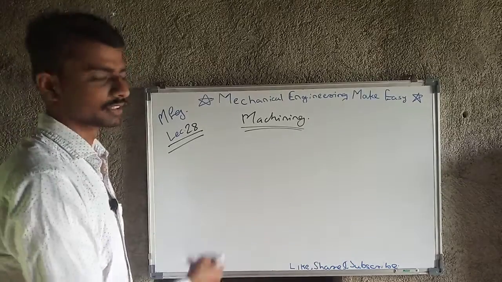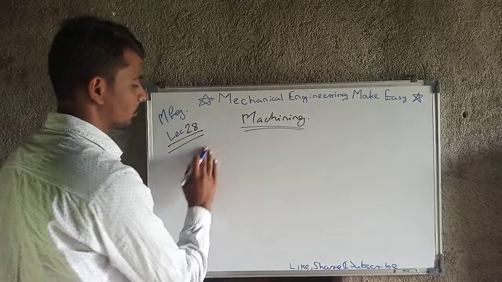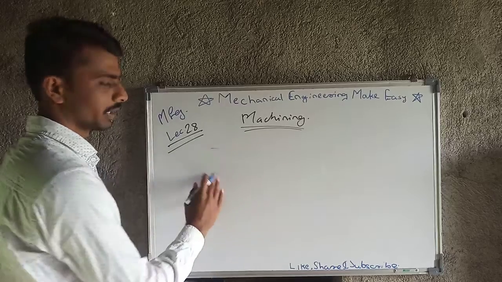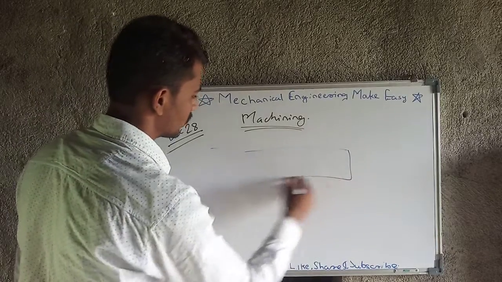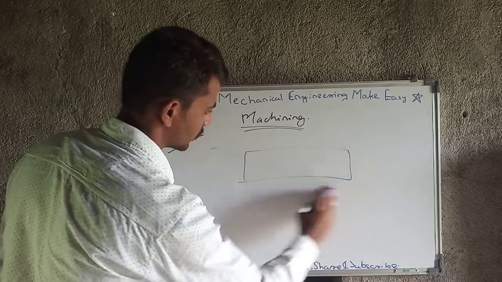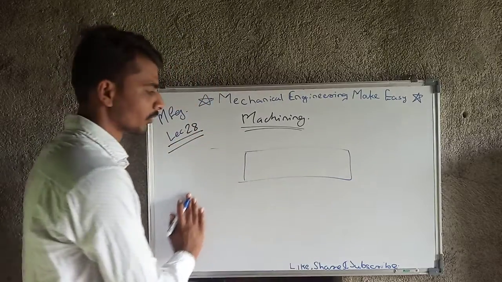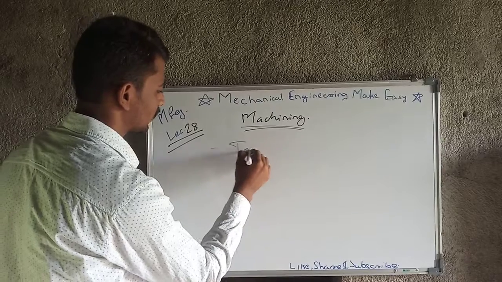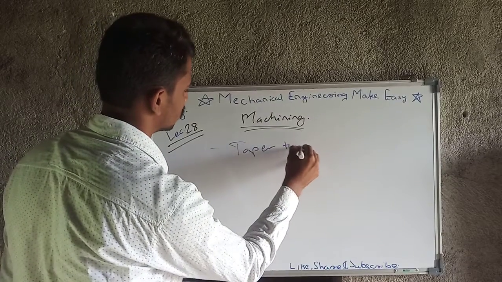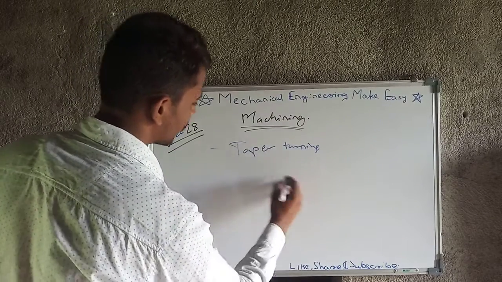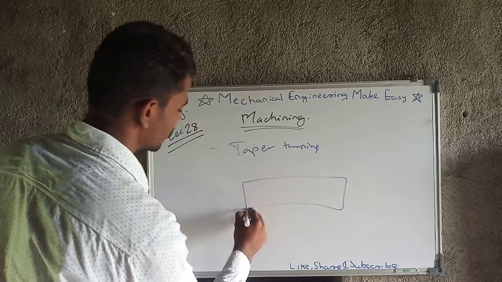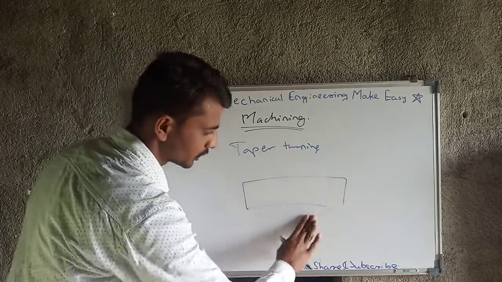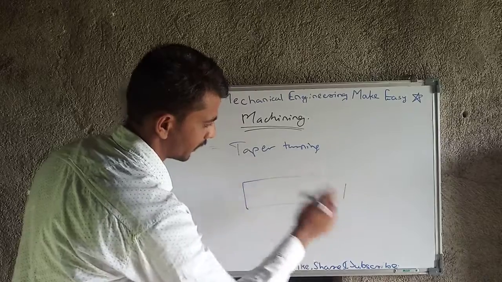That is the operations. First is simple turning. Simple turning means only circumferential: on this circumference we have to remove the material. Second is taper turning. Taper turning means, for example, if this is the workpiece, then we have to remove the portion in angular format.